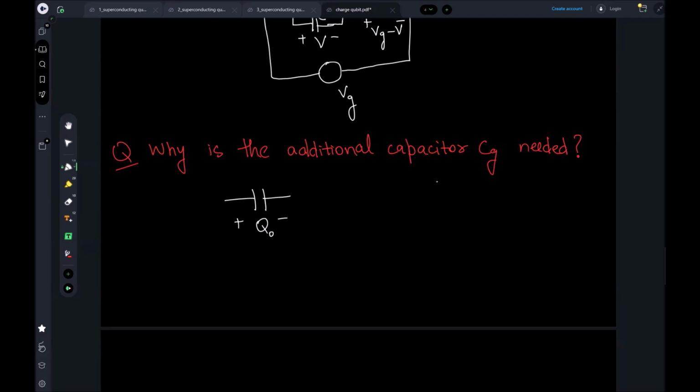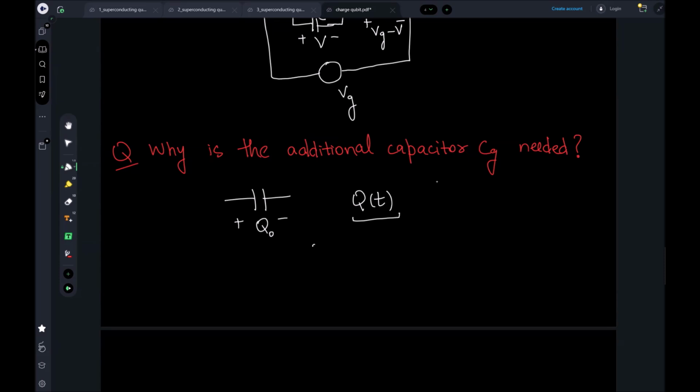And also, we are going to denote the charge that is added to the capacitor later by an external source, let's say a voltage source, as Q of t, which indicates that this charge varies with time.